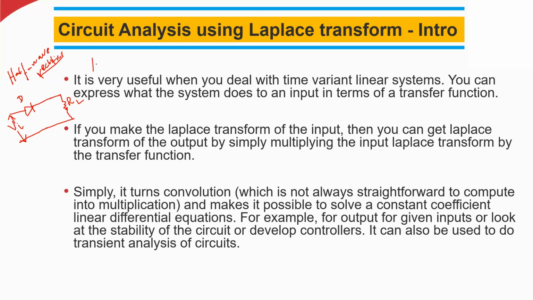A rectifier will convert AC voltage into DC, alternating current into direct current, right? Okay, so AC into DC. What is AC? AC is naturally an analog signal, that is a sinusoidal signal. So I am applying the AC sinusoidal input, that is the input. At the output, I am getting direct current.